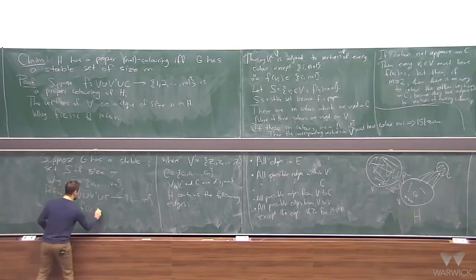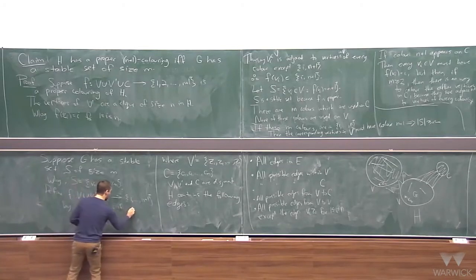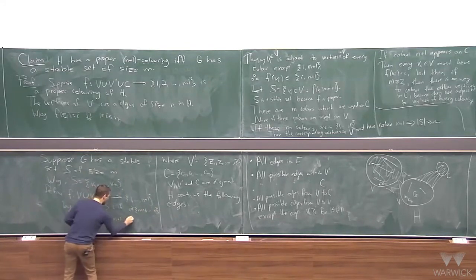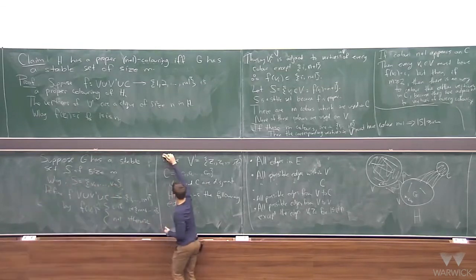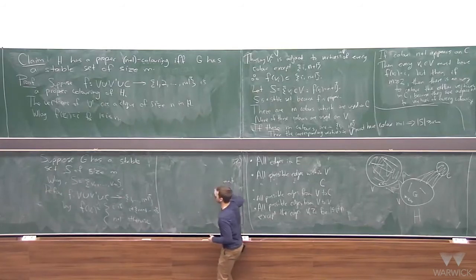On the vertices of V, we set f of Vi equal to i if i is in 1 up to n, and n plus 1 otherwise. It's not too hard to just construct this coloring, right?